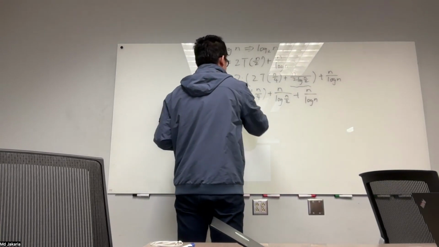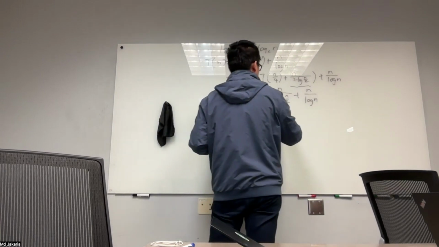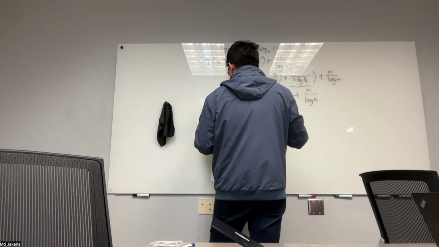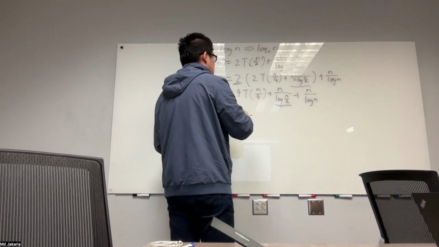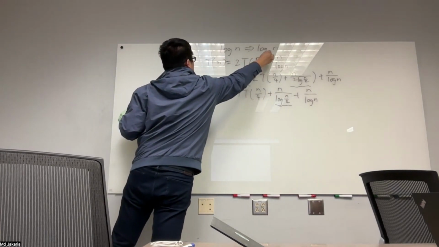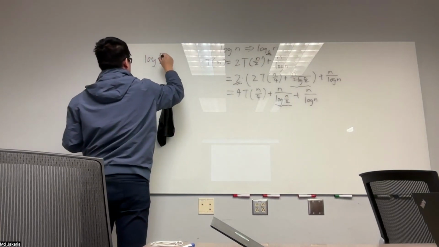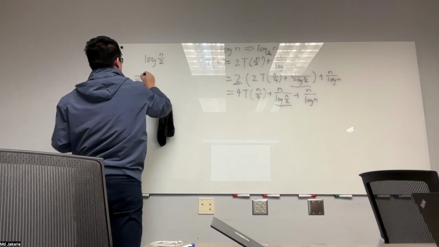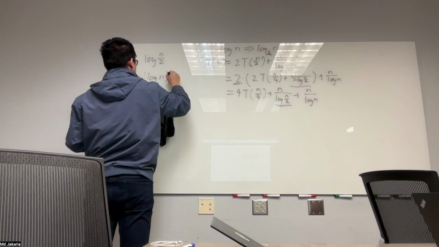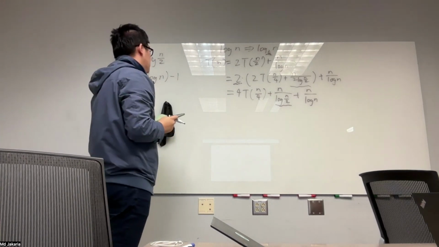Now, we could do this further, but I want to point out something here. The answer skips this part, right? Since we have log base 2 right here, log of n divided by 2 is really just equal to log of n minus 1. Simple logarithmic algebra.